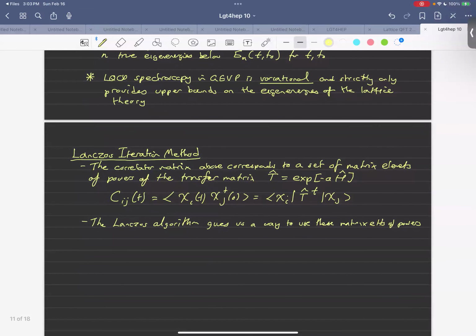So the algorithm, I'll describe it in a few steps, but let me just preview them.